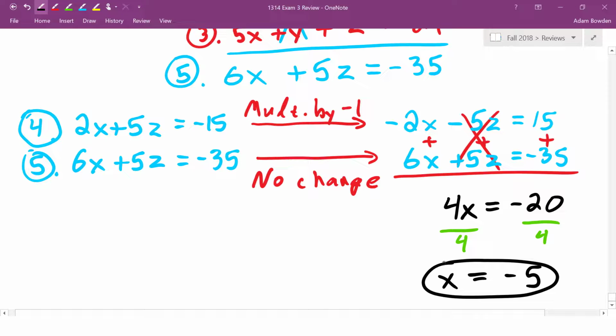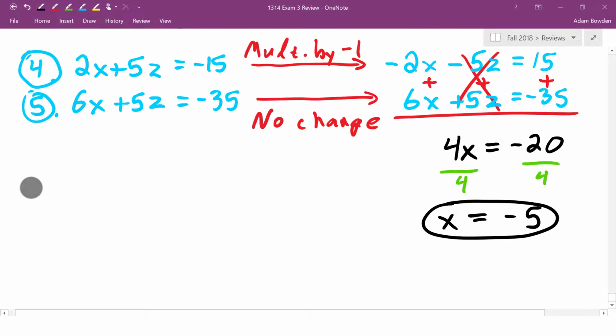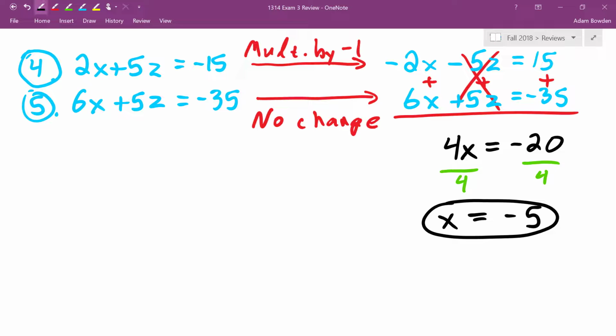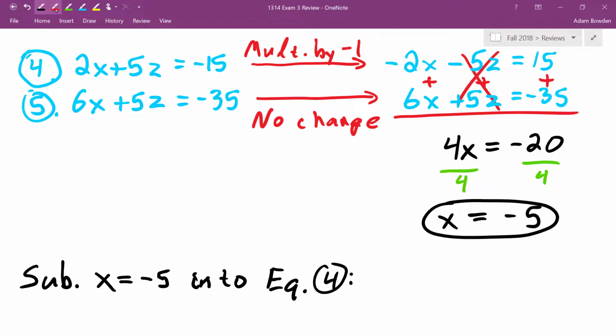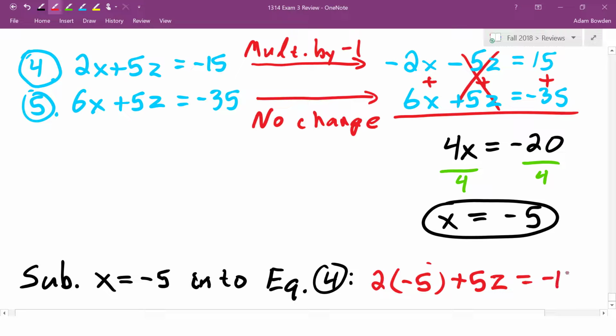Now that we've solved for one of the variables, we can work our way back up, plugging in the numbers until we've solved for the rest of the unknowns. So what I'm going to do is substitute x equals negative 5 into either equation 4 or equation 5. I'm going to choose to use equation 4. So if I take negative 5 in equation 4 for x, it would look like 2 times negative 5 plus 5z equals negative 15.